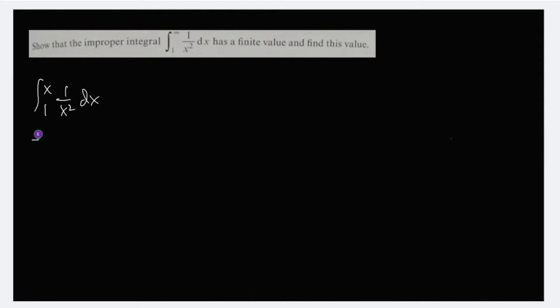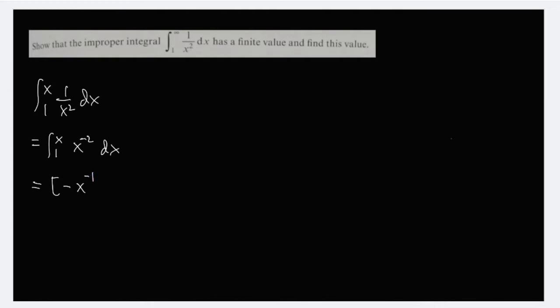So this becomes the limit from 1 to x. We can write it as x raised to negative 2 dx. And then we can now apply the integration. So if we integrate it, this will give us negative x raised to negative 1.